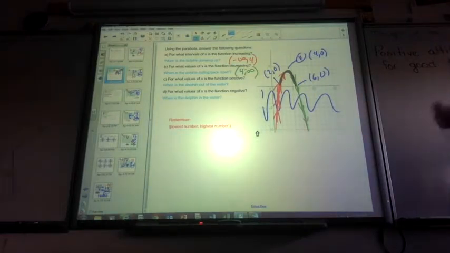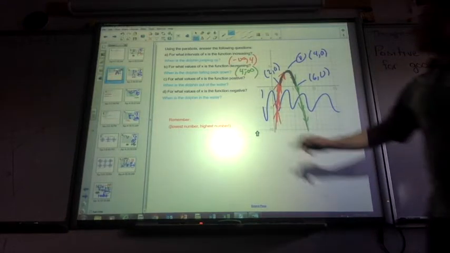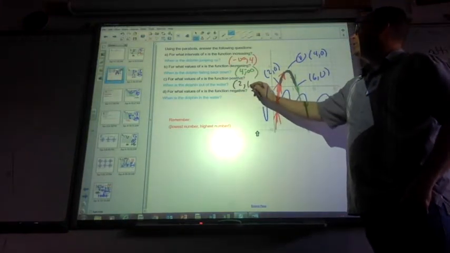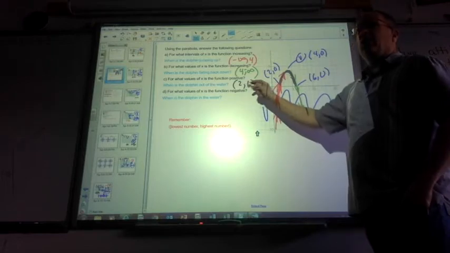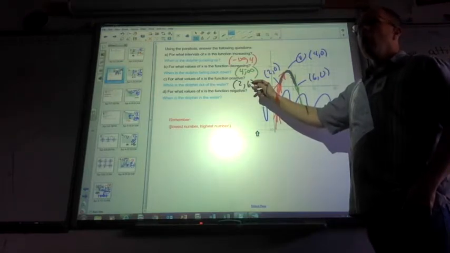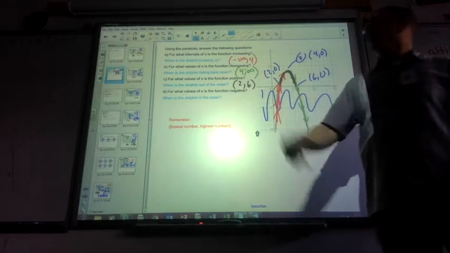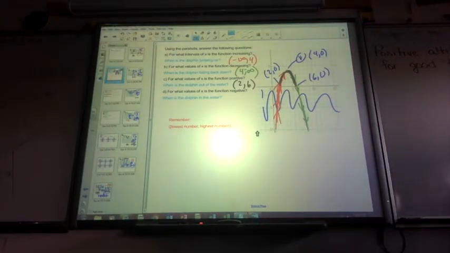Using our information up there, where would you say our thing is positive using the x components? Where is that positive in the x direction? 2 to 6. Now here's a quick question. Is this a point? No. This is set up as interval notation of where our graph's positive. That just means our graph is positive above that.